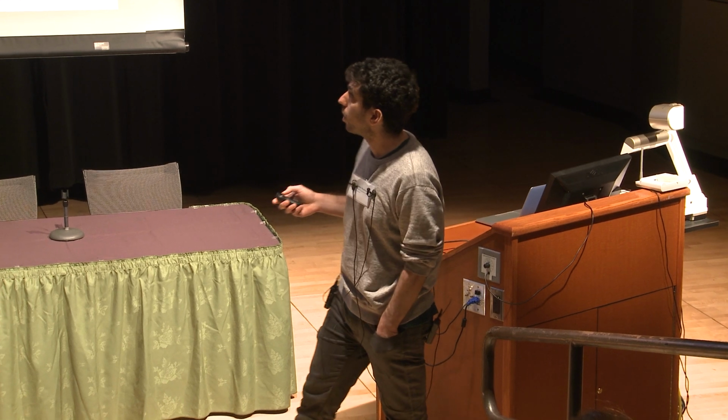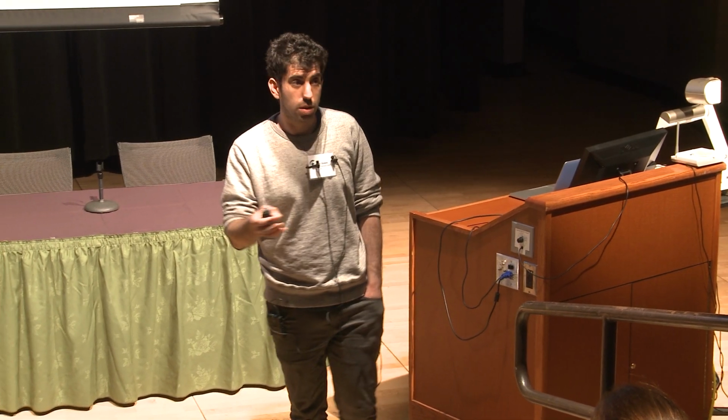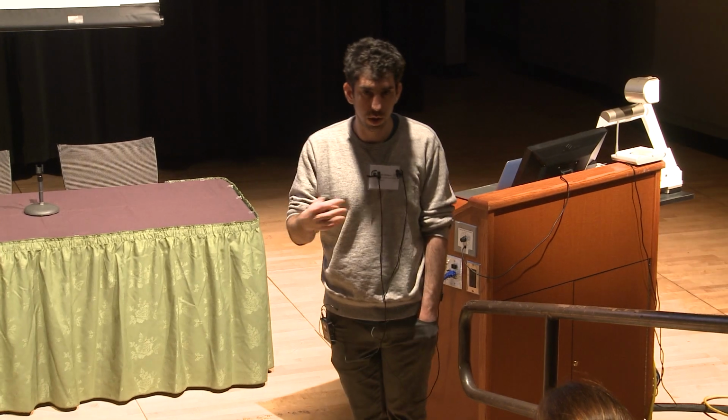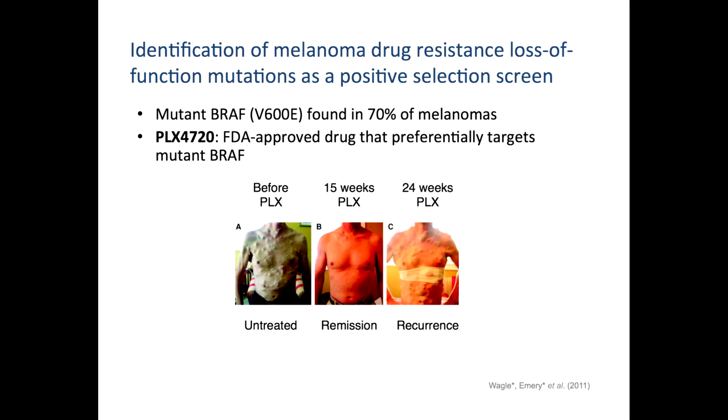The next step was to do positive selection screens, which are actually much stronger. So we use the melanoma cell line model. A375 cells have a mutant BRAF, V600E, and that's one of the most common mutations in melanoma, found in more than 70% of melanomas.